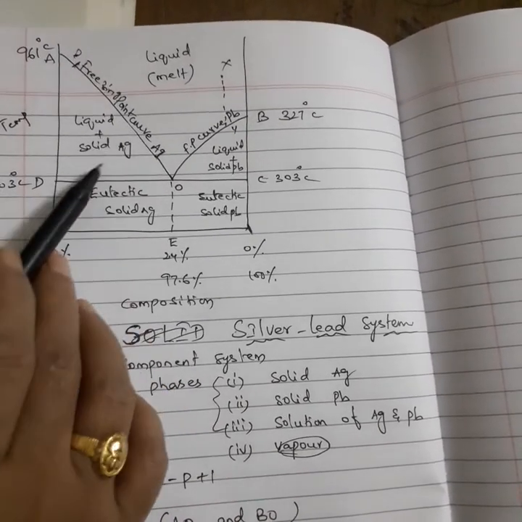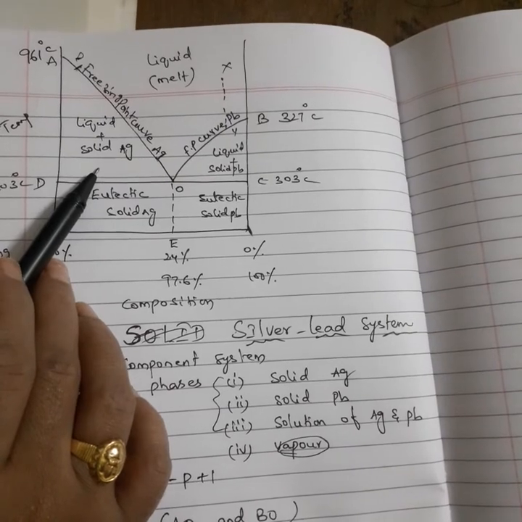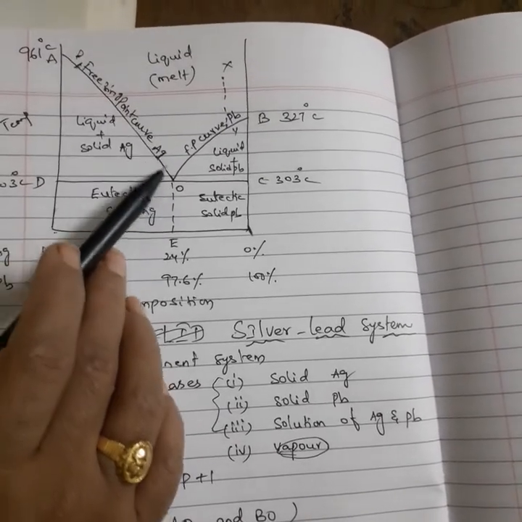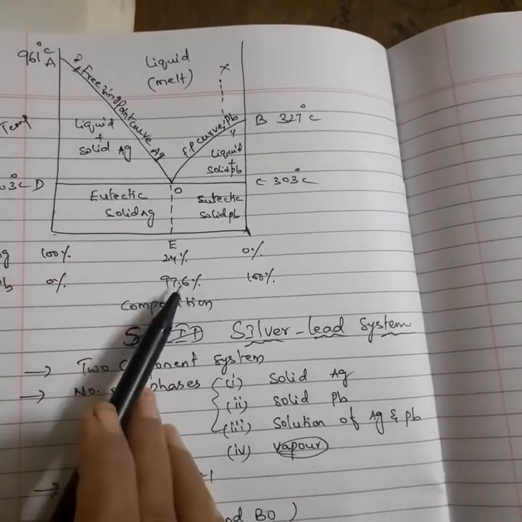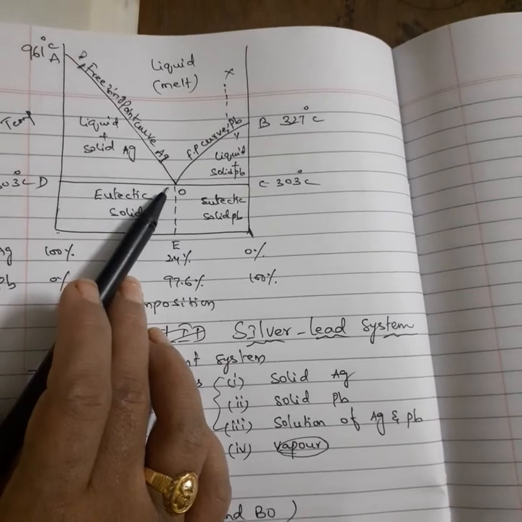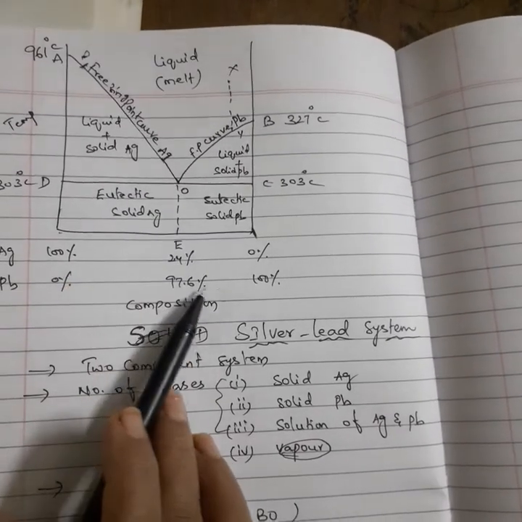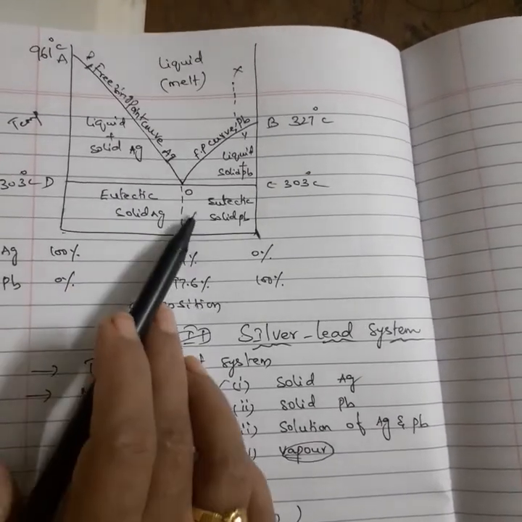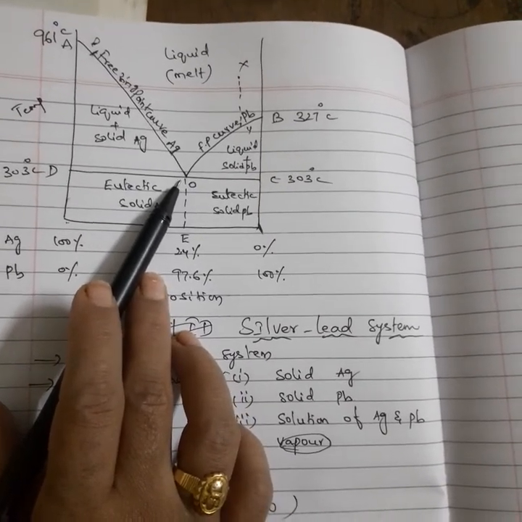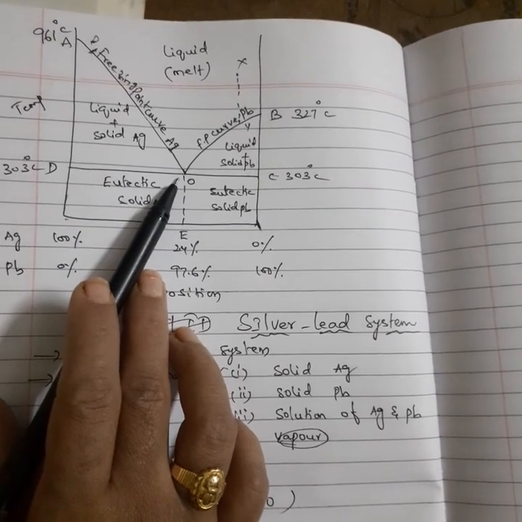Again silver turns into solid form. Suppose up to 97.6% of lead we are adding. After this point, though you add more lead, silver won't convert into solid form, meaning the liquid gets saturated.